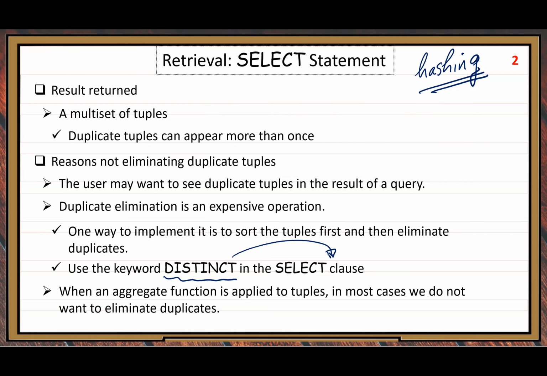When you need to apply those aggregate functions, many times we need to deal with duplicate tuples. That's quite natural. So that's another important reason we need to allow duplicate tuples.